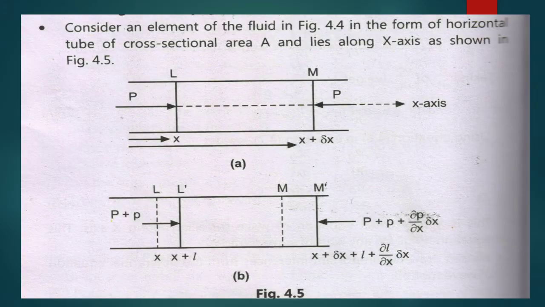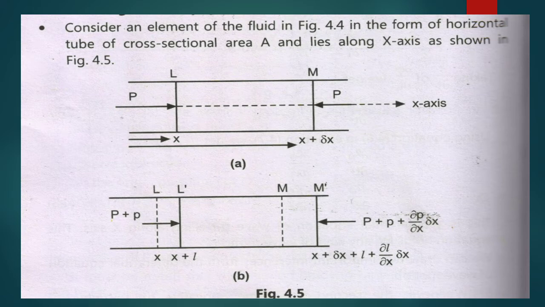Consider an element of the fluid in the form of a horizontal tube of cross-sectional area A that lies along the x-axis as shown in the figure. L and M are two imaginary planes perpendicular to the direction of propagation of the wave.